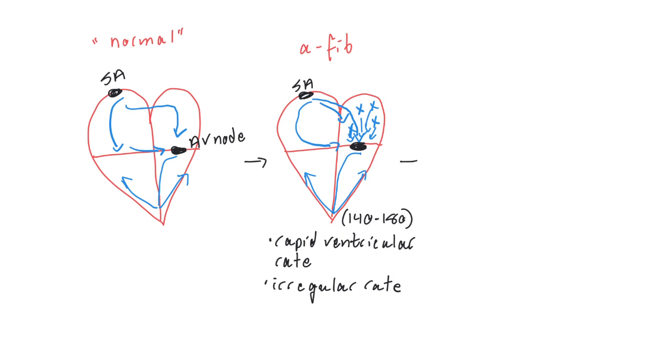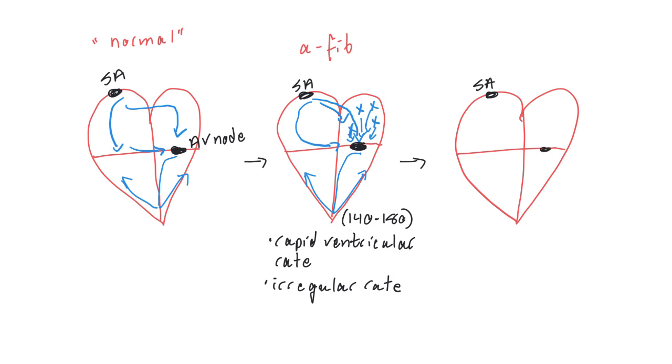Now let's look at our AFib heart if we gave this person a beta blocker. Still have the nodes, of course. And this third heart, this is our beta blocker. Well, on our AV node, we have our beta 1 receptor.